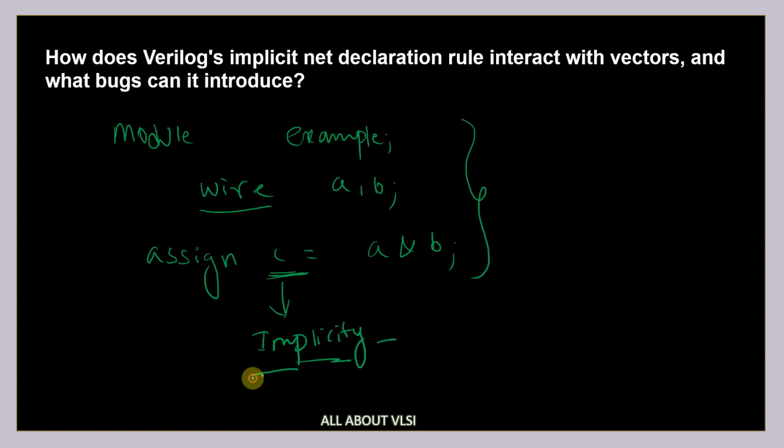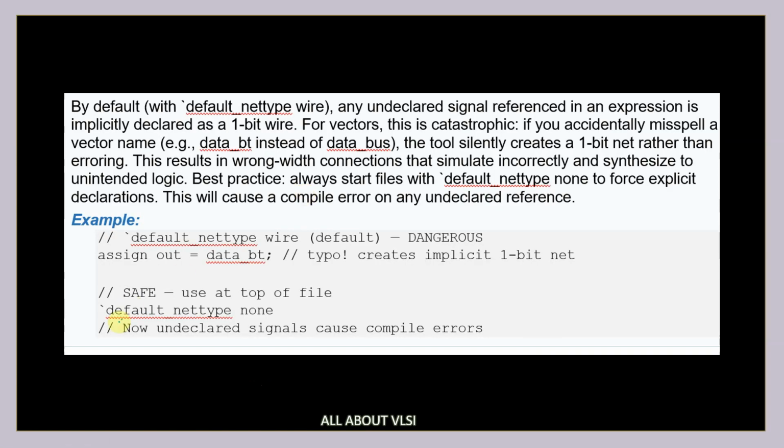Now, to avoid this type of implicit net being created, and to make the compiler let me know that there is an error and C has not been declared, and not to create C implicitly, I'm going to use a keyword known as `default_nettype none. If I use this compiler directive, it is going to make sure that no implicit nets are created.